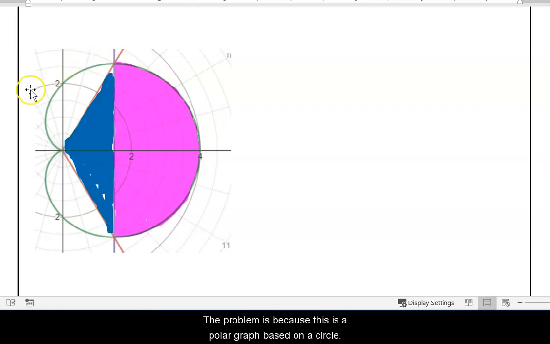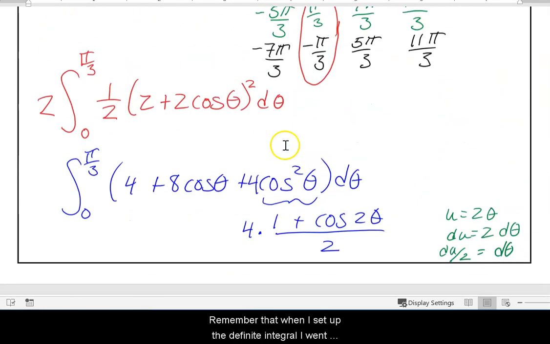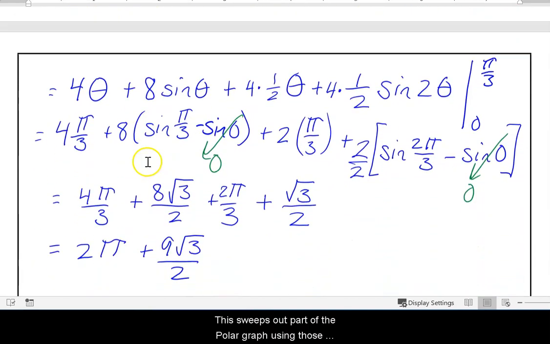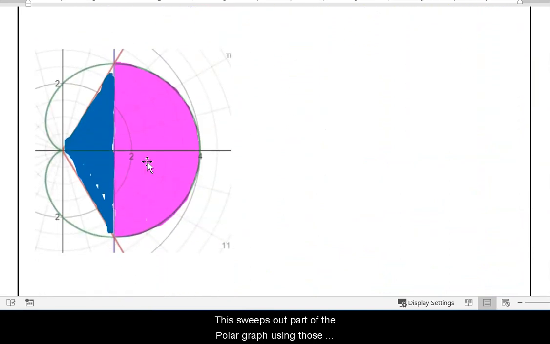The problem is because this is a polar graph based on a circle. Remember that when I set up the definite integral, I went from theta equals 0 to theta equals pi over 3. This sweeps out part of the polar graph using those rays as the arms.